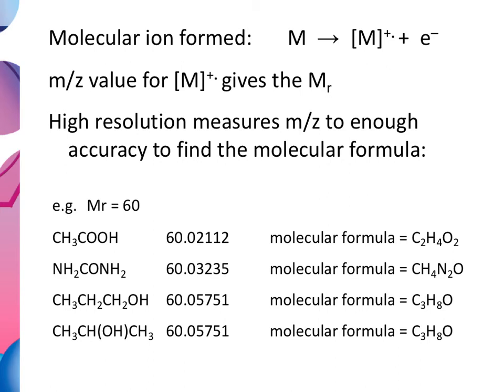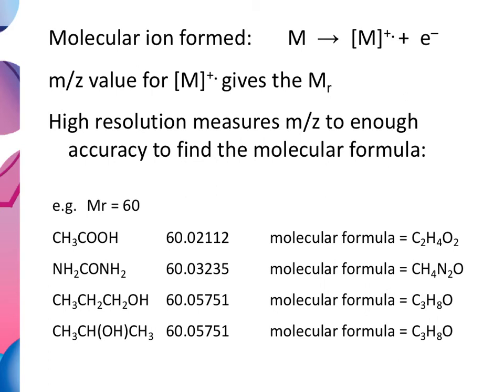And it's when we use high levels of precision that we would be able to distinguish molecules that we wouldn't necessarily be able to if we just relied on our A-level periodic table. So here are some examples where, using our periodic table, we would decide that they all had an MR of 60, and so we wouldn't be able to distinguish them based on that simple mass number.